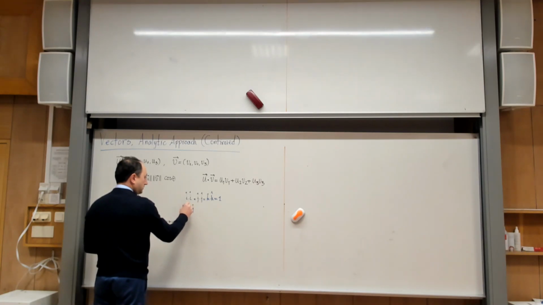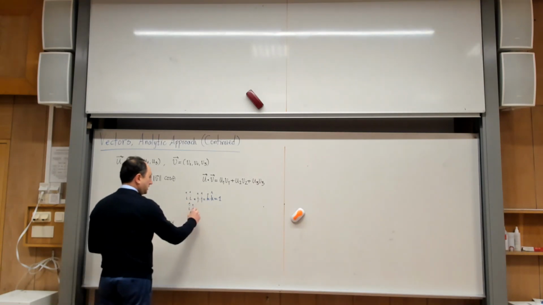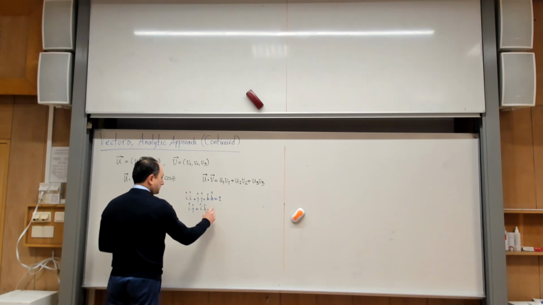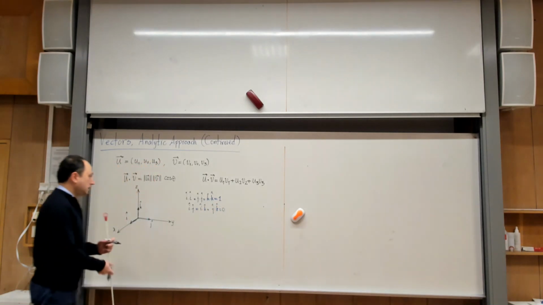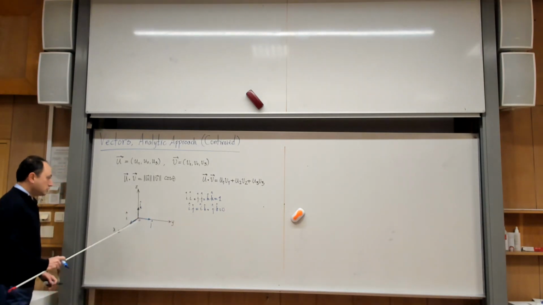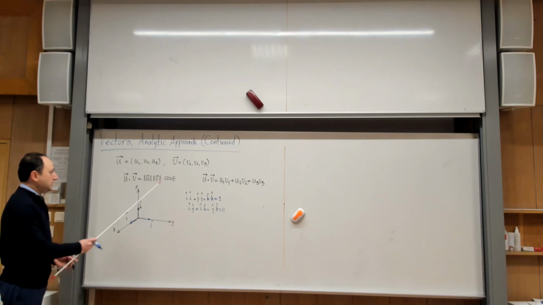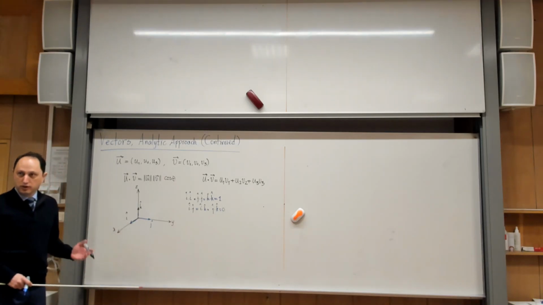For example, if I dot product i and j, it equals dot producting i and k, which equals dot producting j and k, and the answer is 0. Why is that? Because any pair of these vectors is perpendicular, so the angle between any pair is 90, and the cosine of 90 is 0.